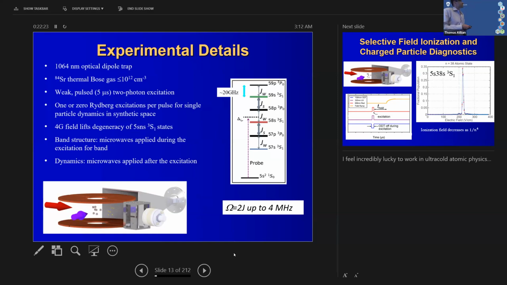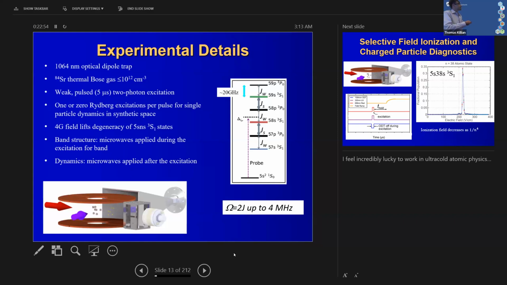The triplet P0 is not degenerate, but the triplet S1 has 3 magnetic sublevels, and we apply a 4 Gauss field that lifts the degeneracy of those states. Both for optical excitation and for the millimeter waves, we stay in the M equals 1 triplet S1 state. So we go from the M equals 1 triplet S1 to the M equals 0 triplet P0, M equals 1 triplet S1, and so on. And that's our system of 6 well-defined states.